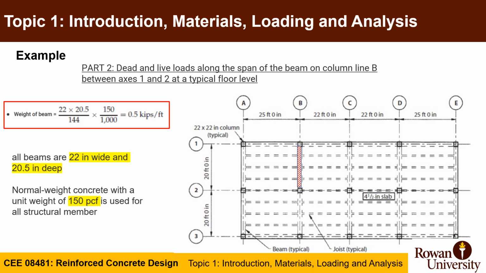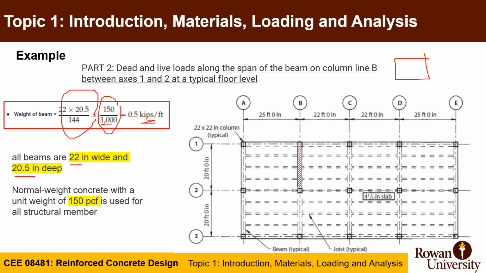The second one is going to be the own weight of the beam. We also need it as kip per linear foot. So you will multiply the cross section of the beam, which is given before as 22 by 22.5, by 150 unit weight of concrete.